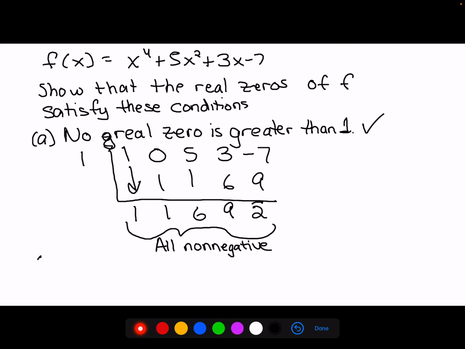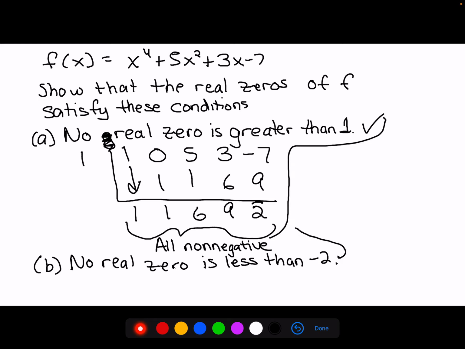For part B, what about no real 0 is less than -2. All right, I'm running out of space. I really don't want to start fresh, so I'm just going to squeeze it in right here.